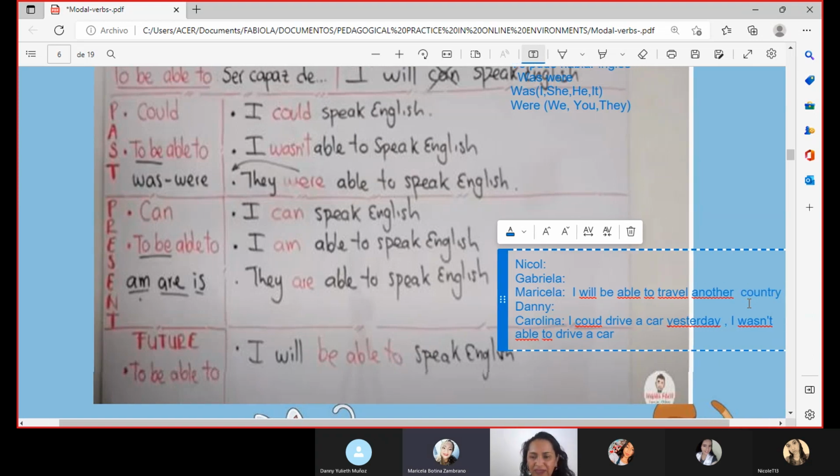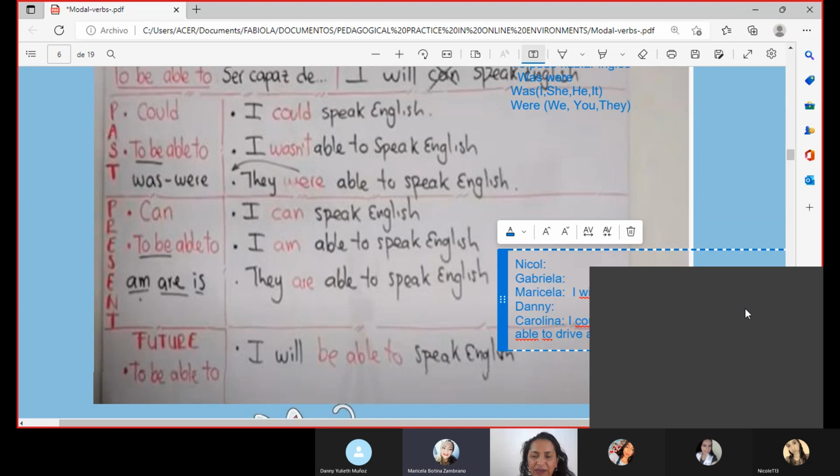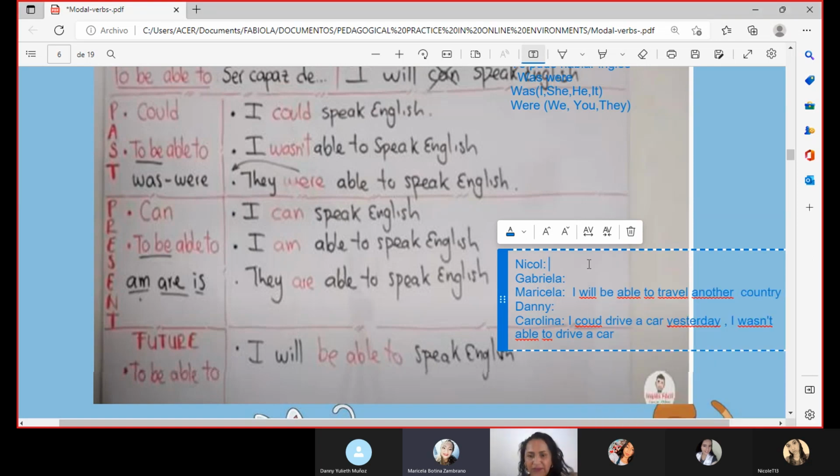Teacher, tengo una duda con "yo seré capaz de viajar a otro país". Cuando se utiliza could en pasado, can en presente y to be able to en futuro, ¿sí? Pero, por ejemplo, cuando dice "I could speak English", dice "yo pude hablar inglés".